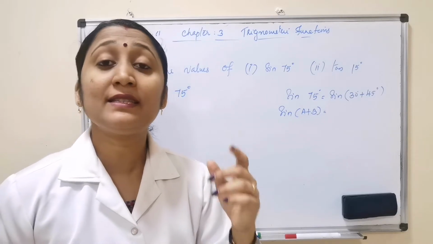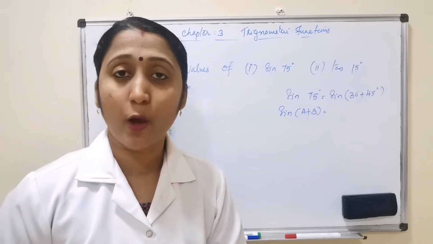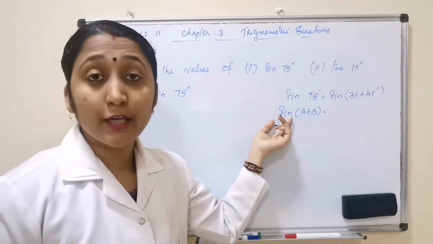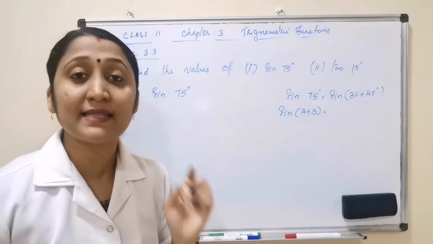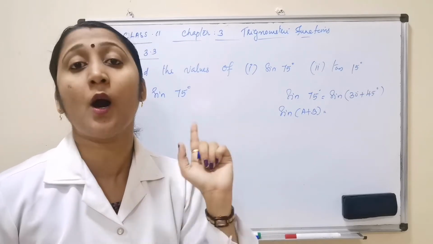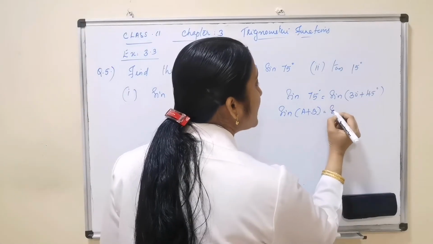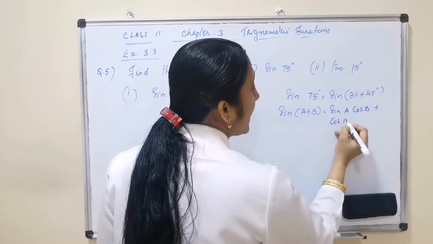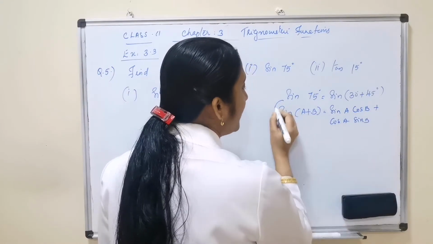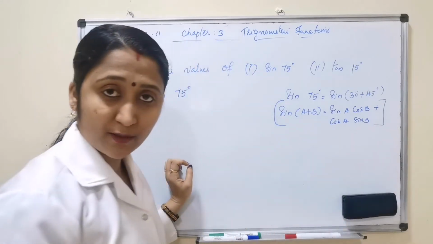If you haven't seen that video, please check it out. What is sine of a plus b? It is very easy: sine a cos b plus cos a sine b. This is the formula for sine of a plus b.